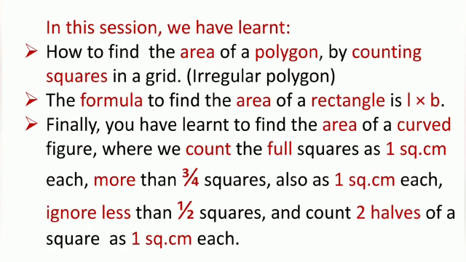Finally, you have learned to find the area of a curved figure, where we count the full squares as 1 square centimeter each, count more than 3/4 squares also as 1 square centimeter each, ignore less than half squares and count 2 halves of a square as 1 square centimeter each.